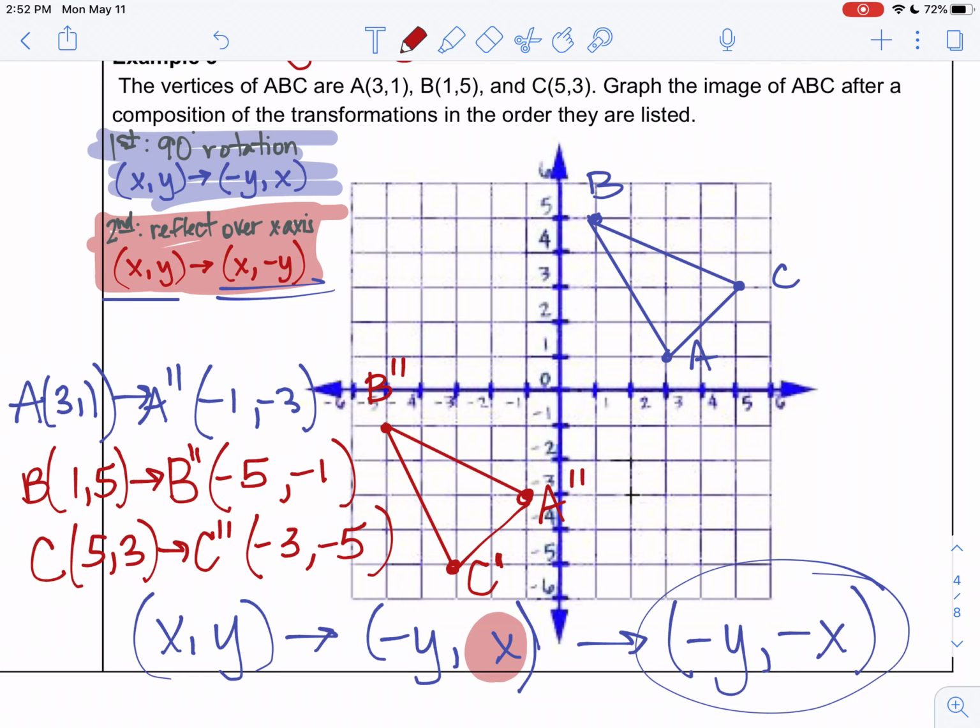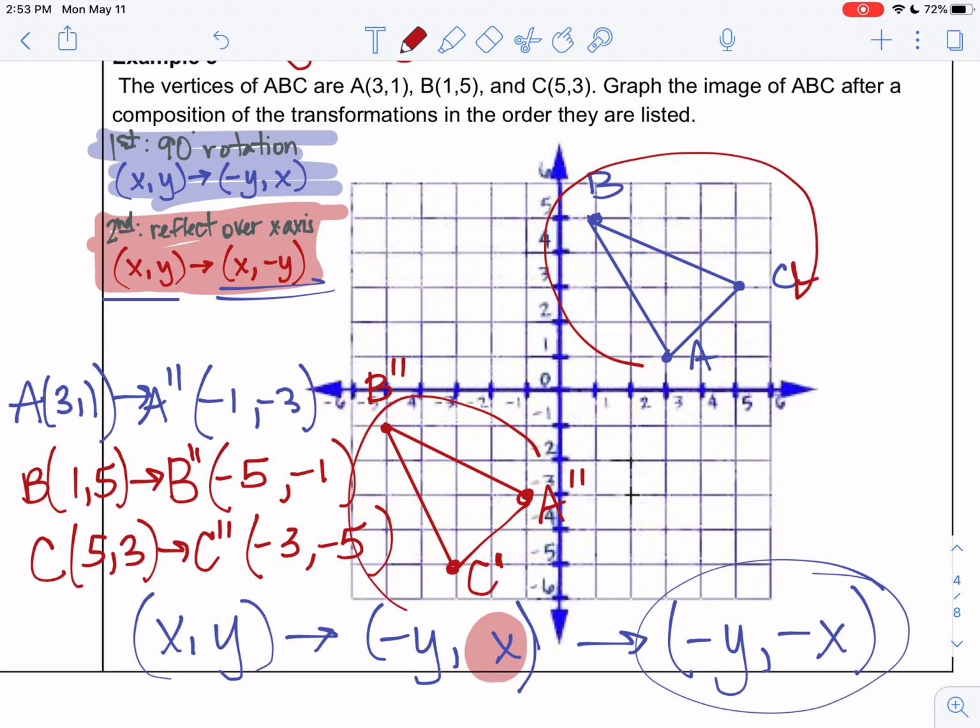And we need to verify, make sure that what we did is looking okay. Does it look like we rotated 90 degrees and reflected over the x-axis? One of the first things is that anytime we reflect one time, our orientation should be reversed. So ABC, when I list that, notice that it's going clockwise.